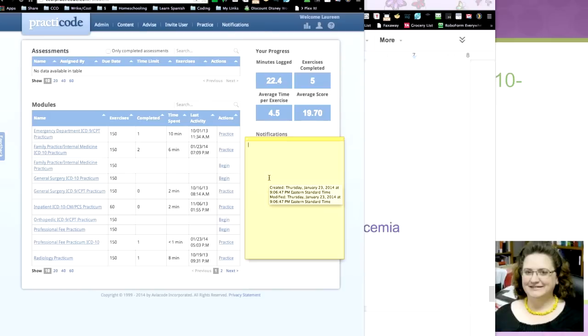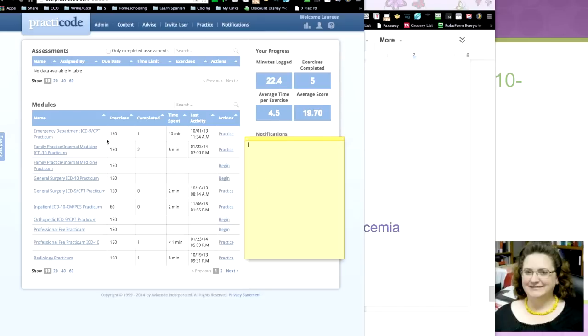It brings up the real life case, and then you literally plug in the information, and it looks just like that on the right, and then you submit it. Most programs will immediately send it to your clearinghouse or your insurance company. It's sent, and so you get real life experience with Practicode.